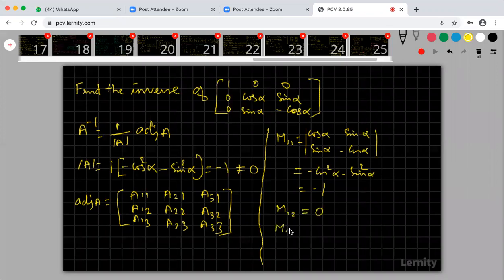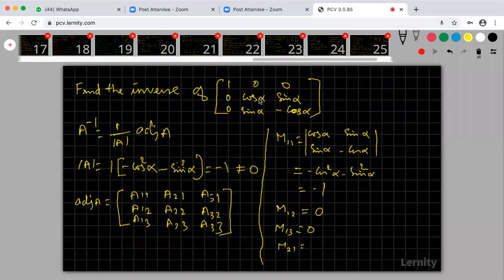What about M13? M13 is the minor of this element. Okay, leave this row and leave this column, third column. Right, so remaining 0 cos alpha, 0 sin alpha. Take the determinant, that is also 0. M21, what is this element M21?